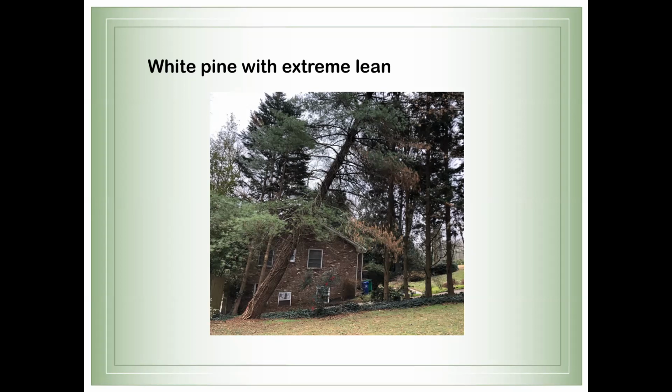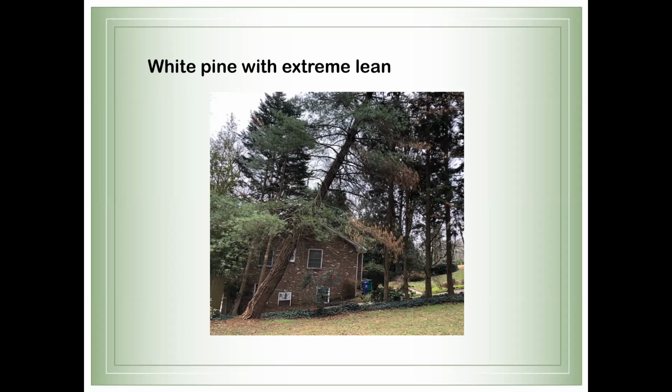All you have to do is go right behind the lean, opposite the lean, and just like sighting down a gun barrel, you sight down this trunk, and then you'll be able to see pretty clearly what the tree is going to hit. If there's high target value, that would be like your house, or maybe it's your parking area where you park your cars. That's high target value. Low target value is your backyard. So you always want to keep these things in consideration.